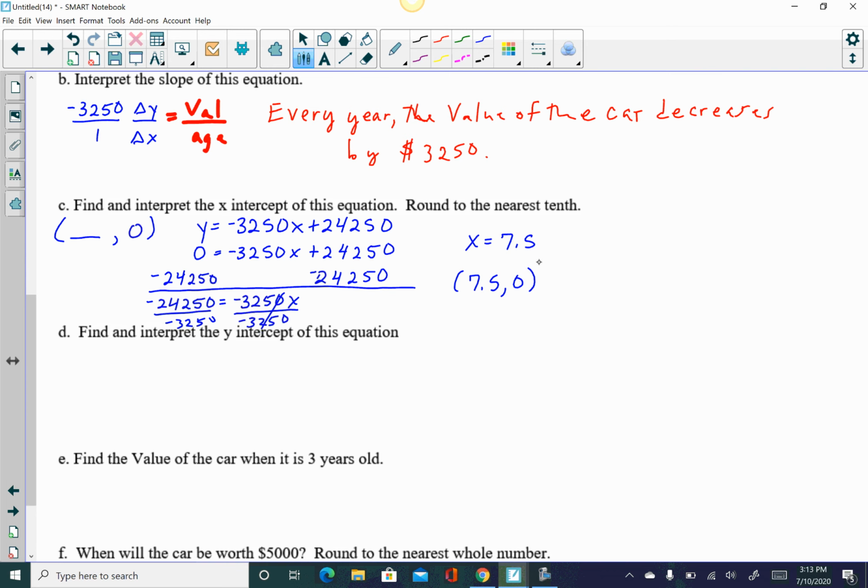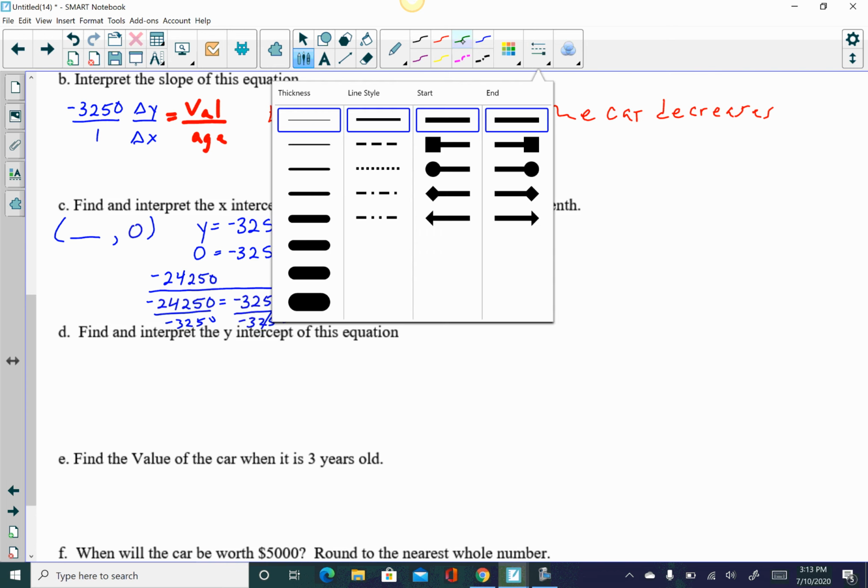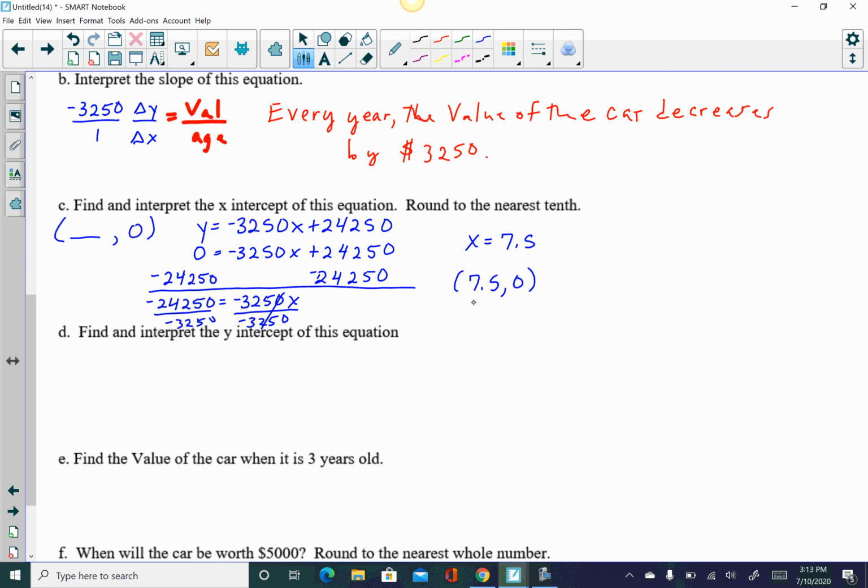That's my x-intercept. Now remember that this represents a year and a value. So the meaning here is that in 7.5 years, the car will have no value.